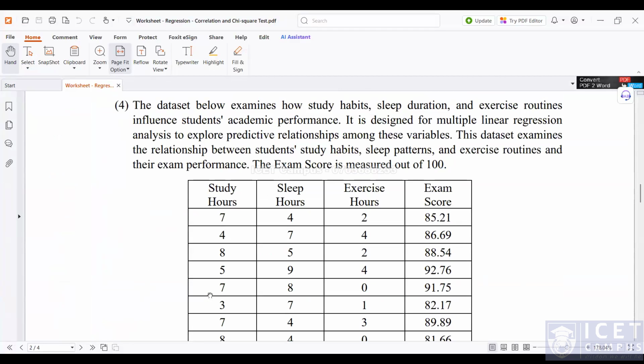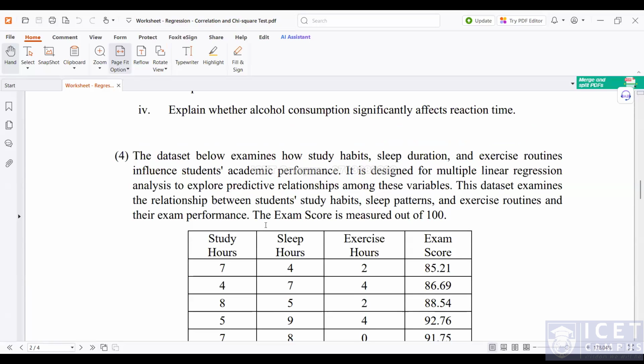Then question number 4. It is about multiple linear regression. You can see here one dependent variable and many independent variables. The dataset below examines how study habits, sleep duration, and exercise routines influence students' academic performance.